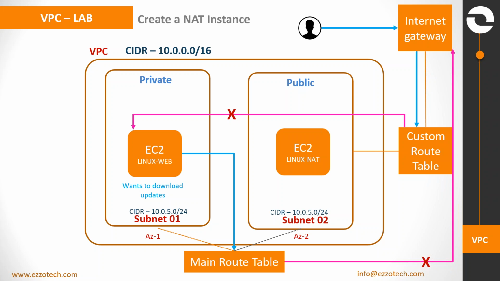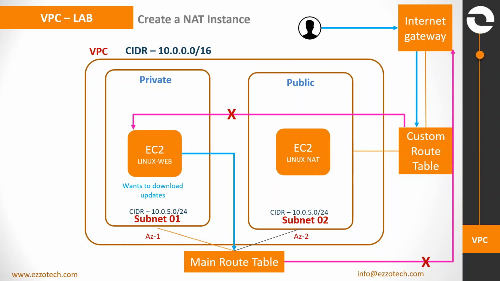But now I want to add one more route, so that any person through the internet can communicate to my resources in this VPC. If I want to add this route, there are two options.